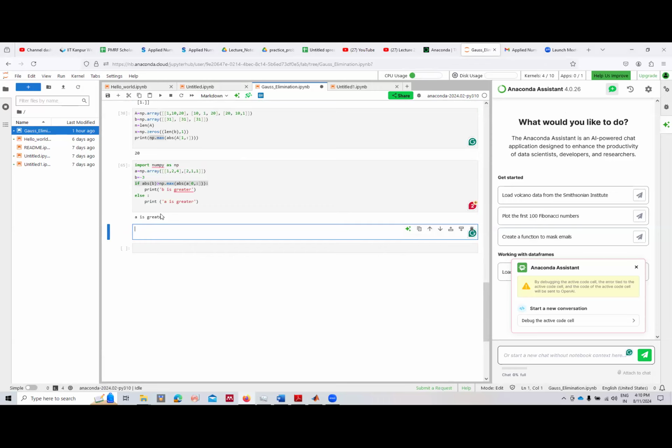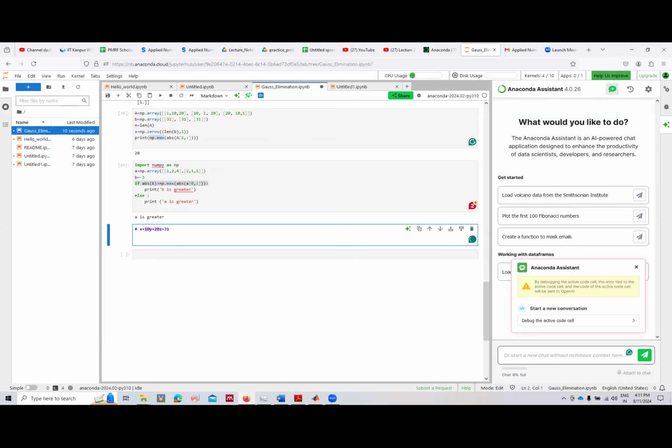Suppose we want to solve equations. The first equation is x plus 10y plus 20z equal to 31.